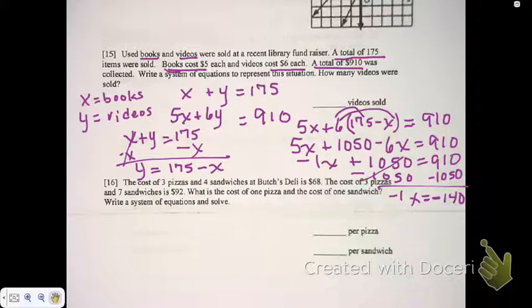Divide both sides by negative 1, which is just going to flip my signs on everything. And x equals 140. Well, what did x represent? Books. So if I sold 175 items total, and 140 of those were books, how many videos did I sell? 35. So to answer my question that I was asked, I sold 35 videos.